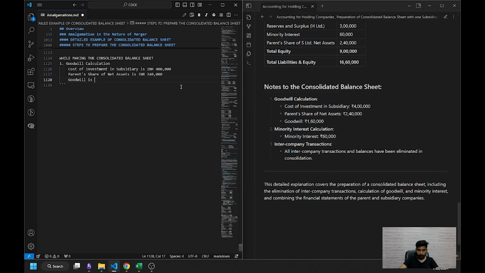Goodwill is rupees 1,60,000. Now the minority interest calculation. The minority interest is rupees 60,000.